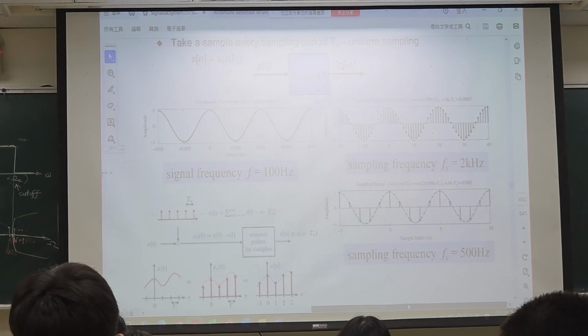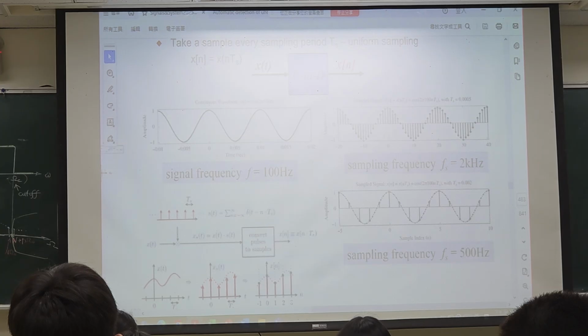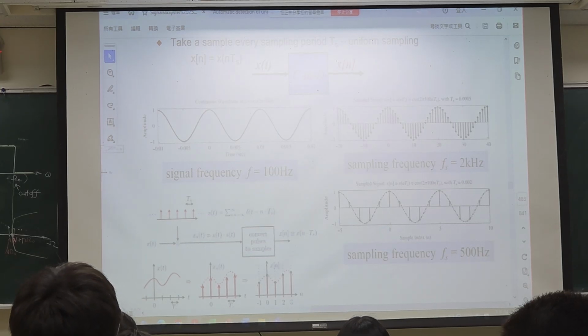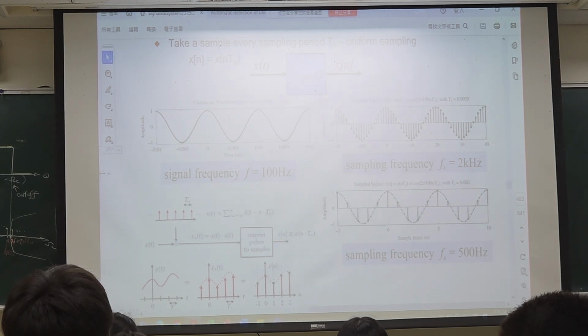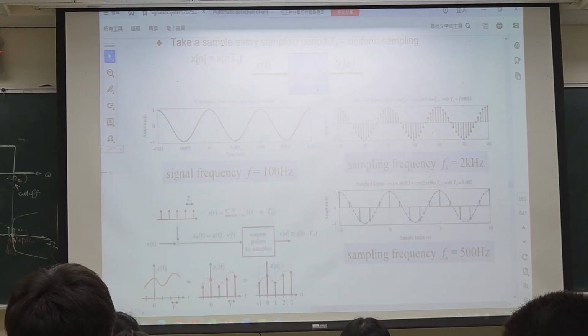So what is that supposed to mean? It means we are going to sample the signal at every sampling time. You can see that at every sampling time we have a data point with a dot. So we take a sample at that instant.